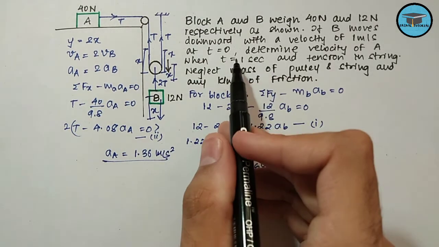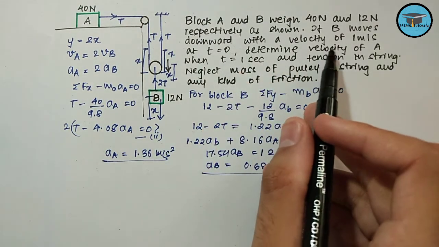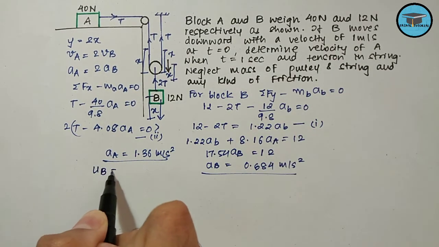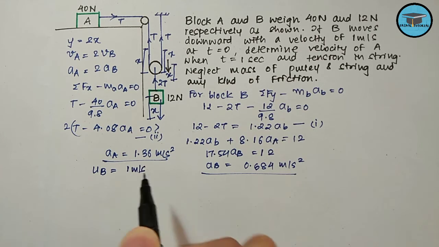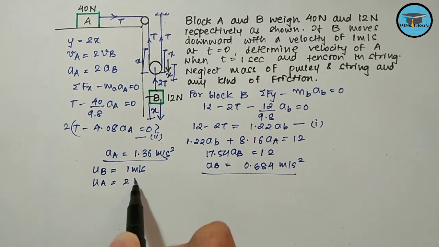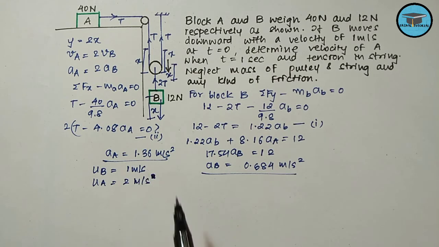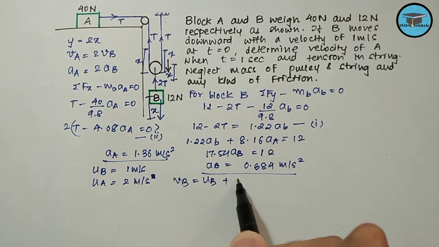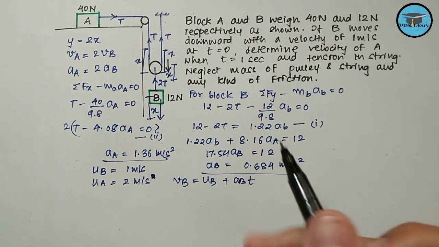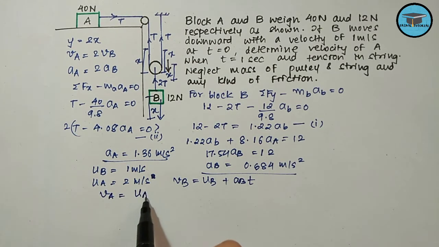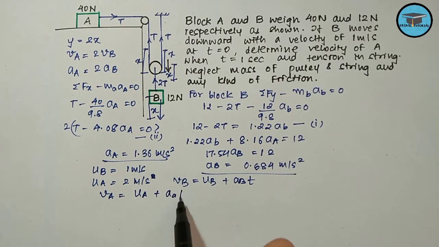Now, at time t equals 0, the velocity of block B is given as 1 meter per second. So u of B is 1 meter per second. From this relation, u of A will be equal to 2 meter per second. We use the equation v of A equals u of A plus acceleration of A into t.